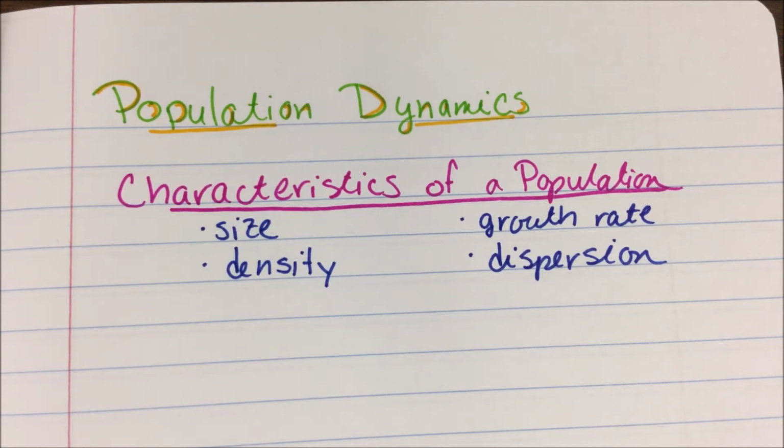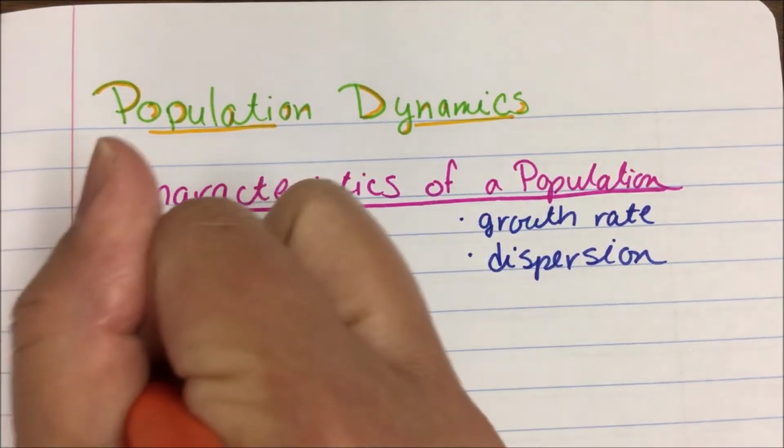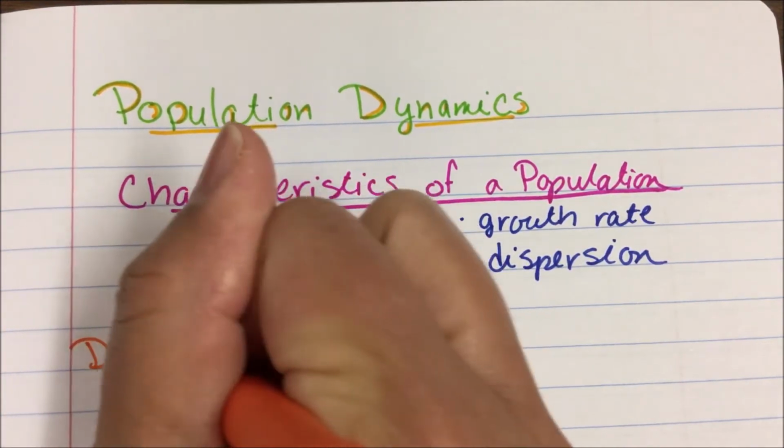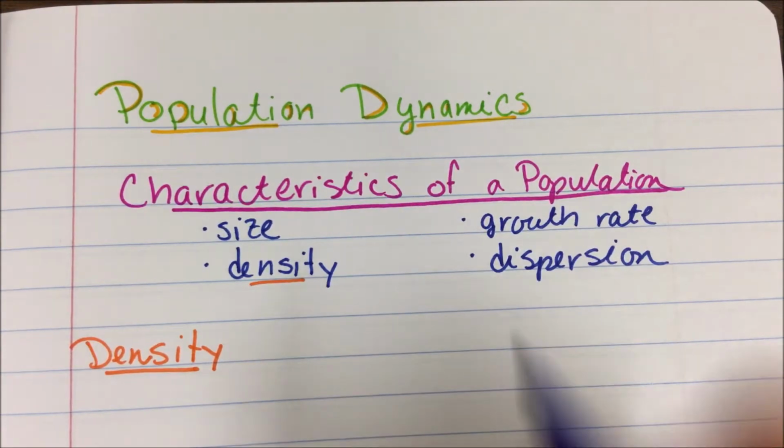Our first one that we will address is going to be density. Population density is the number of individuals in an area.